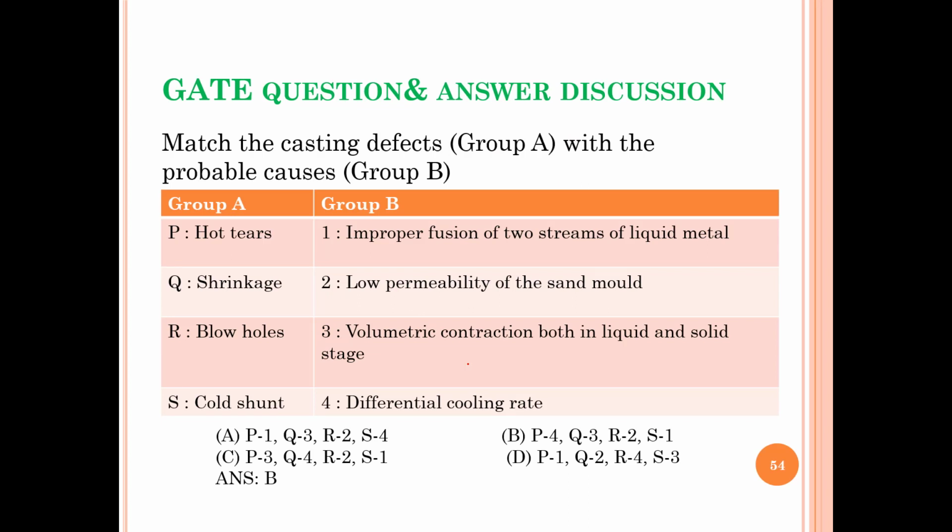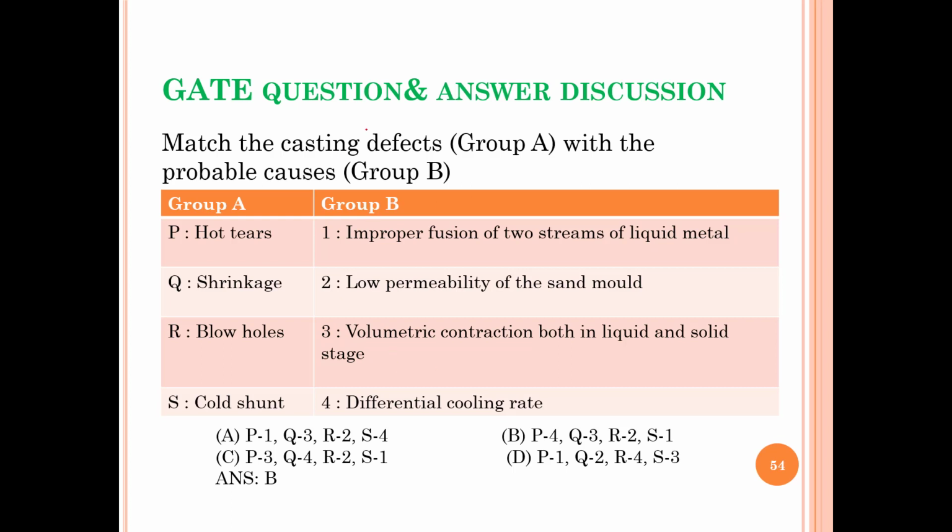Next question, we have to match regarding casting defects. In group A, we have hot tears, shrinkage, blowholes, cold shut. In group B, improper fusion of two streams of liquid metal, low permeability of the sand mold, volumetric contraction both in liquid and solid stage, different cooling rate.